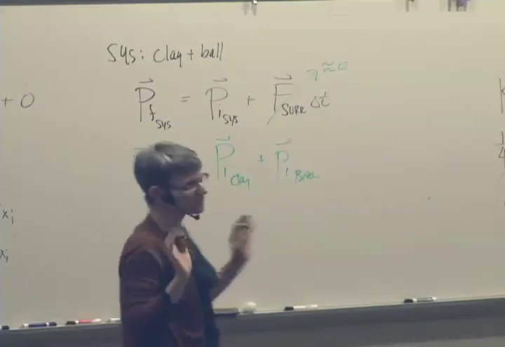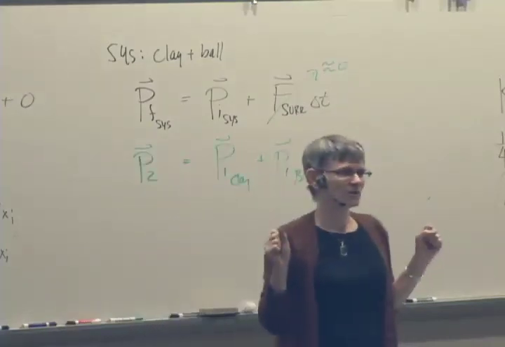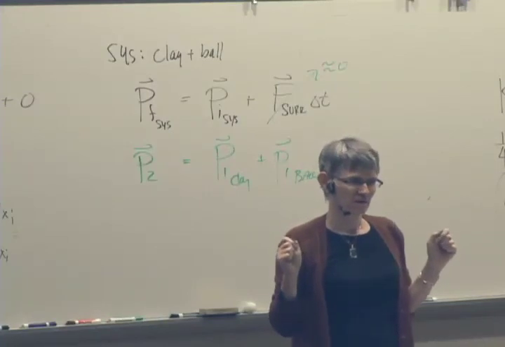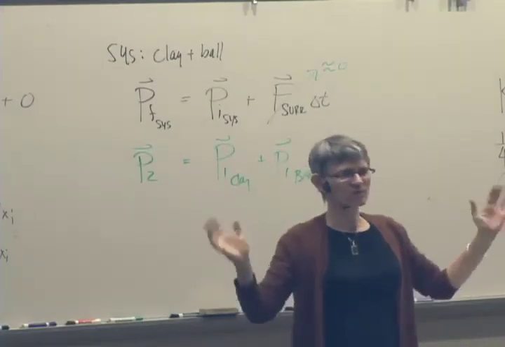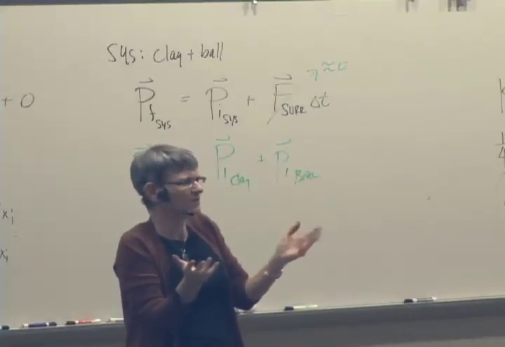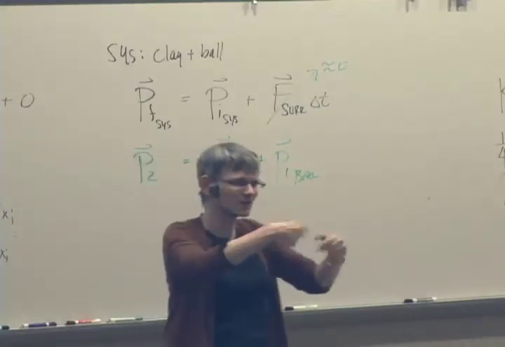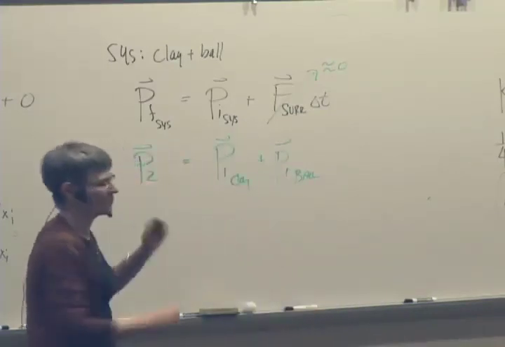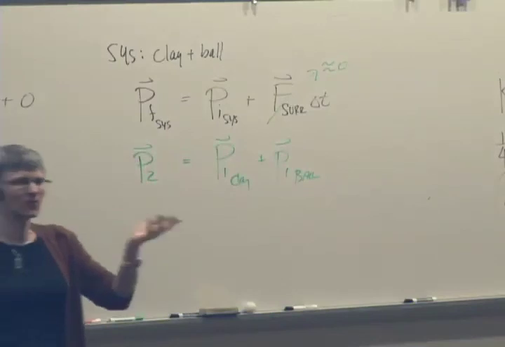Now, what's different about momentum and energy in collisions? Energy can change and momentum can't, because there's no internal momentum. There's no way for momentum to go inside the ball. Momentum is momentum. Energy has all these different forms.